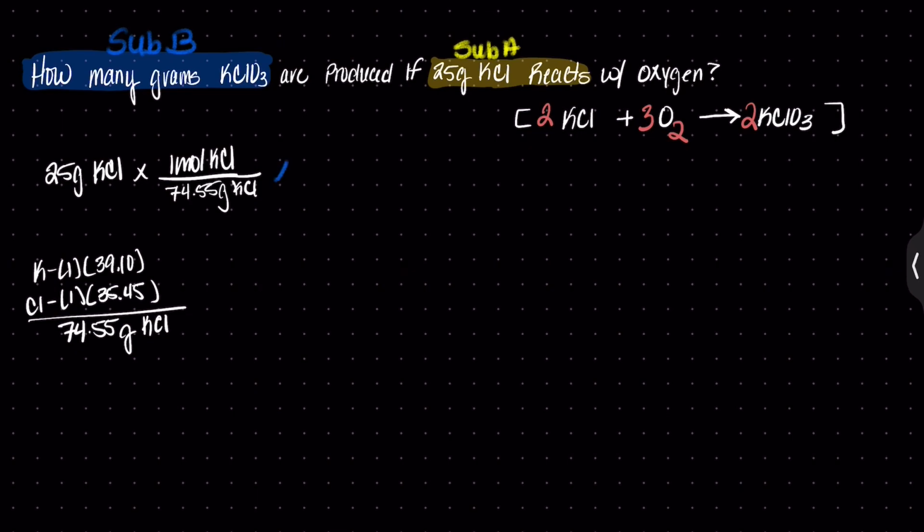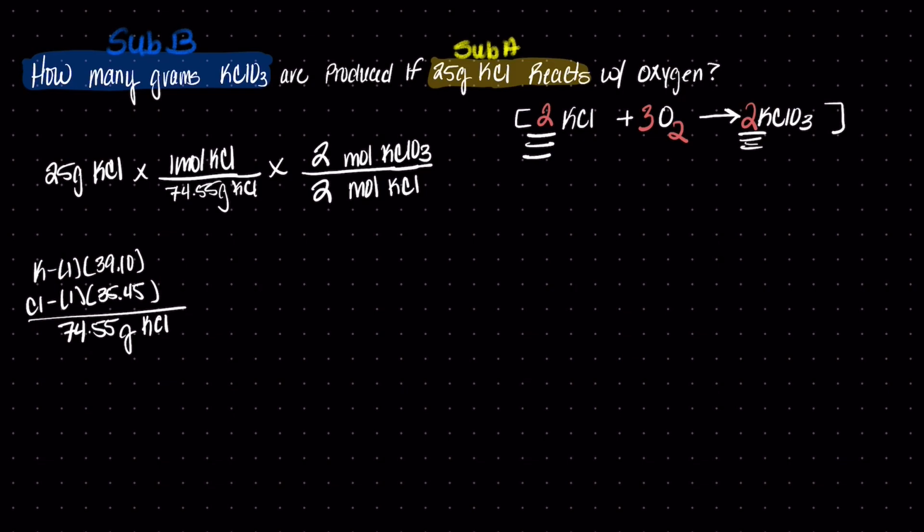Moles of substance A. I'm going to slide my way back to my molar bridge part. My molar bridge is designed to get me out of KCl and into what I'm asked for, KClO3. So I'm using my molar ratios from my balanced chemical equation here. So that 2 goes up there and that 2 goes right there.